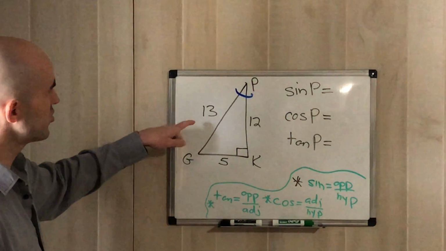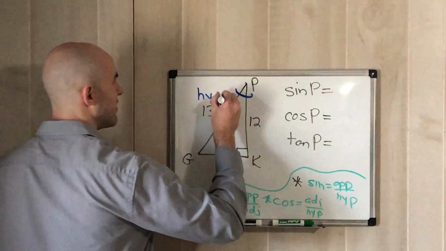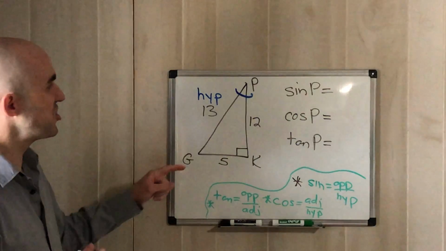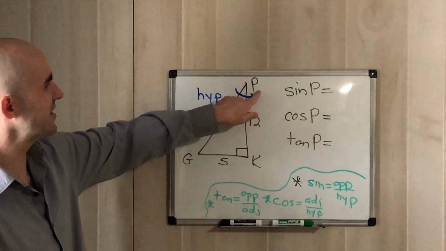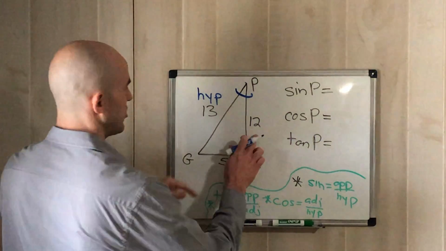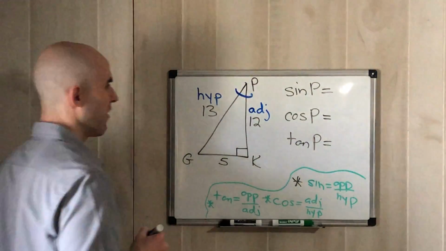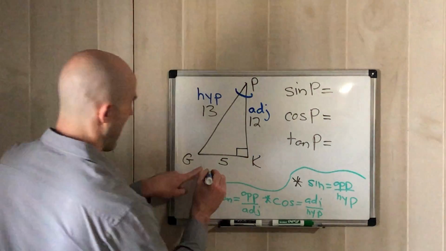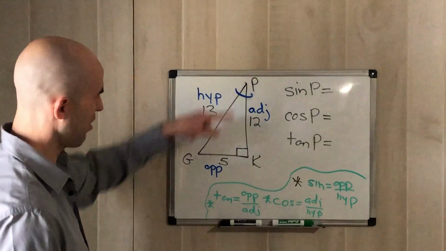Out of all of those, we know that the hypotenuse is 13, the longest side, right? We know that the adjacent side, again, adjacent to P, because we're working with P. We know that the side next to P is the 12, right? Because they're next to each other, they're adjacent. We know that the opposite side is 5, because again, it's opposite of angle P, it's across from angle P.